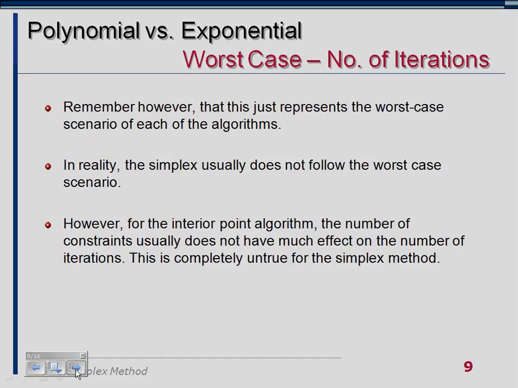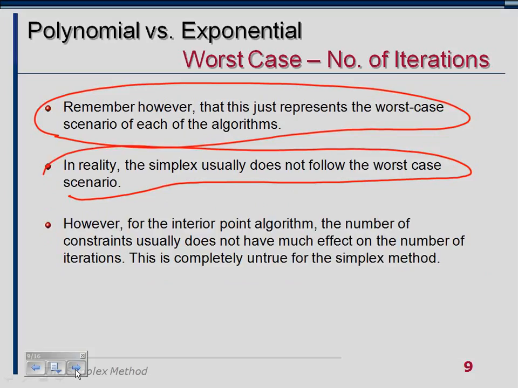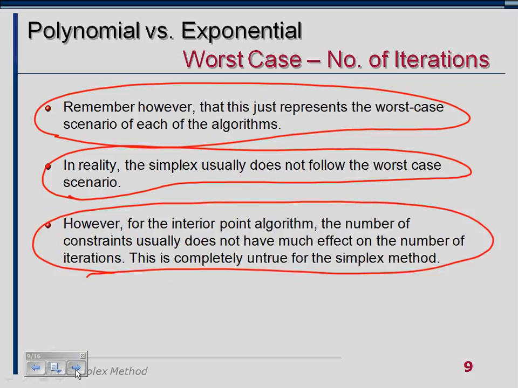In reality, the simplex usually doesn't follow the worst case. However, for the interior point algorithm, the number of constraints usually doesn't have much of an effect on the number of iterations. Okay? So the interior point method usually doesn't care if you've got 10 constraints, 100, 1,000, a million constraints. It only adds a few more iterations. The simplex method is the complete opposite.